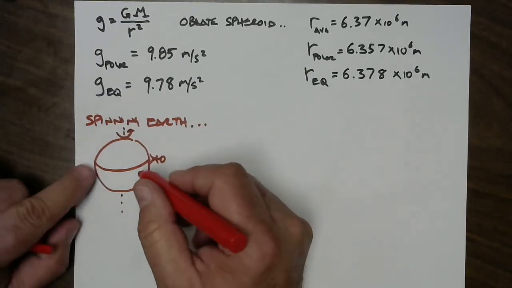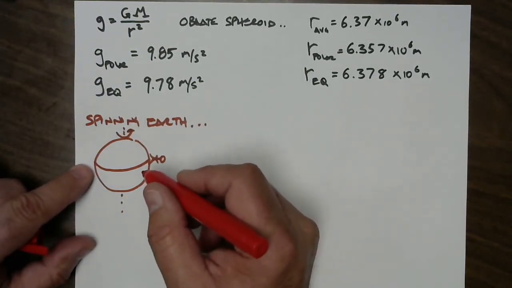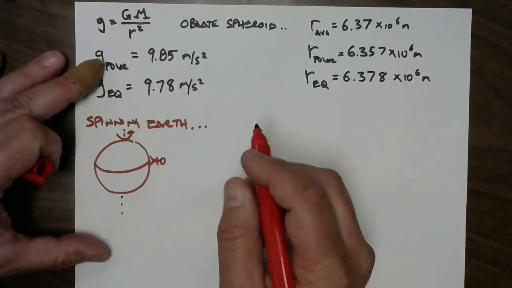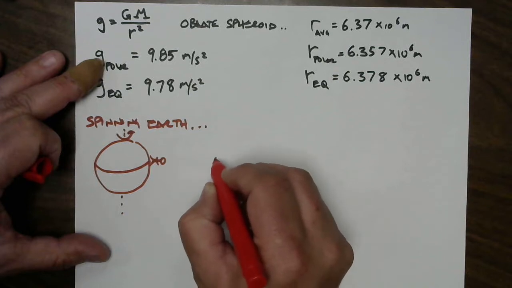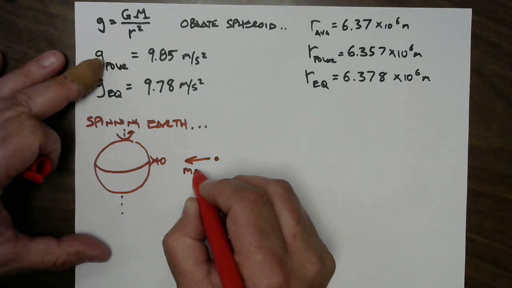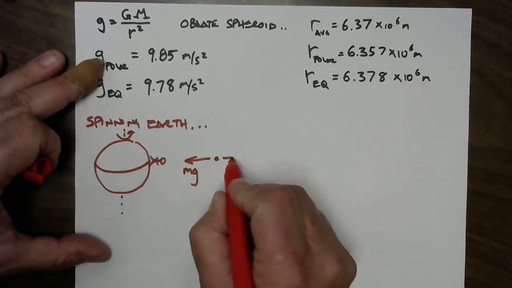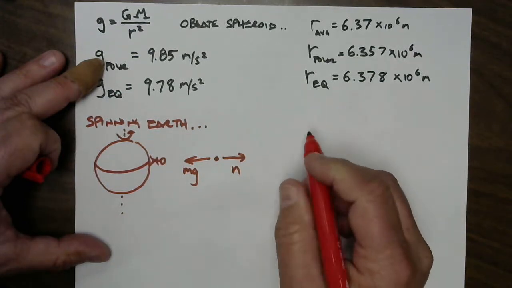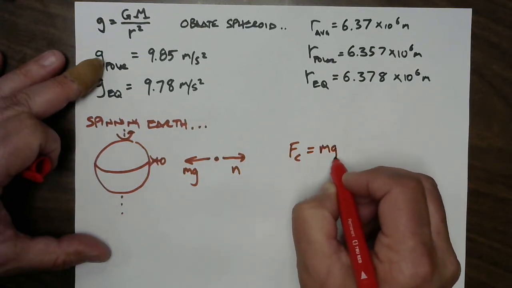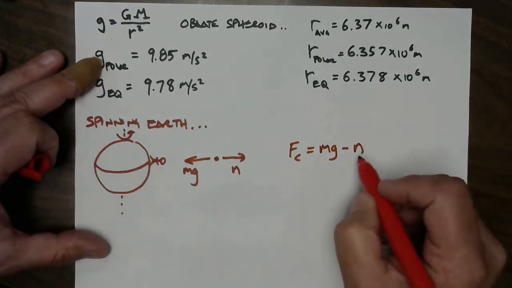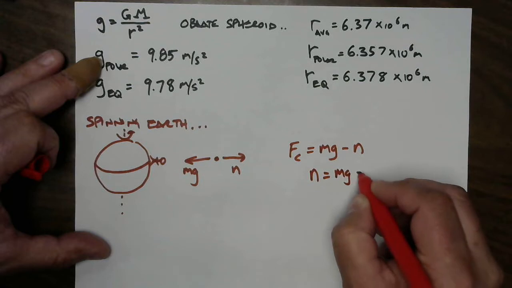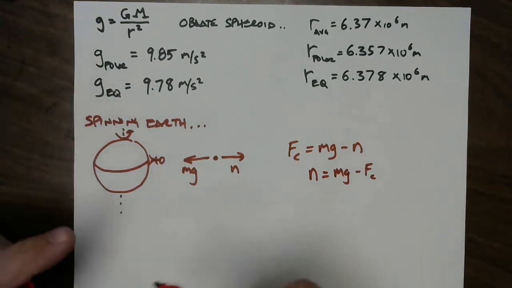And so actually some of the gravity needs to be used to be your centripetal force, and the remaining part will be the normal force on you. In fact, if you're standing on a scale, we could draw a free body diagram for you that says, here's going to be your mg force, and this is going to be the normal force, but the centripetal force needs to be provided by mg minus the normal. So your effective weight is going to be mg minus Fc, the centripetal force.